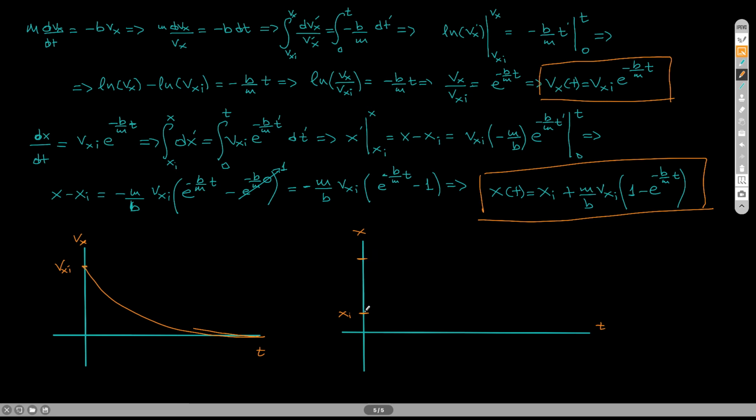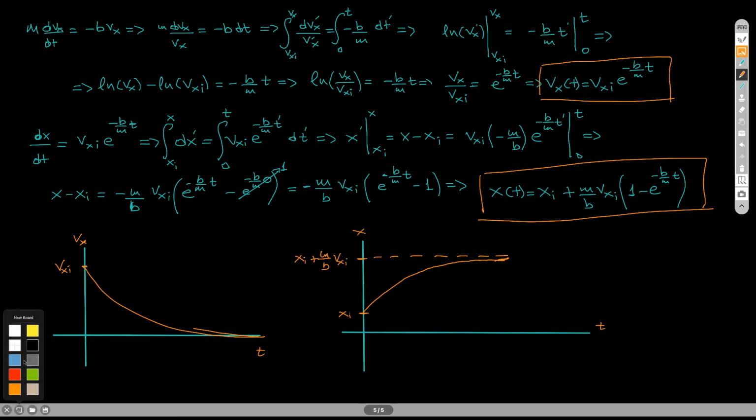Your value for x is going to be approaching that one, x initial plus m over b vx initial, whatever that is, depending on the problem. In the limit of t going to infinity, the value of x will become this one. So this is the solution in the x direction.